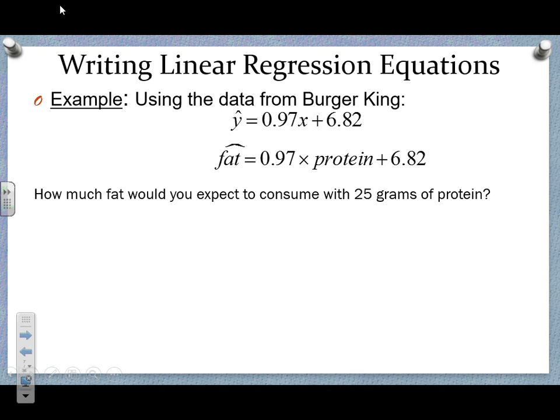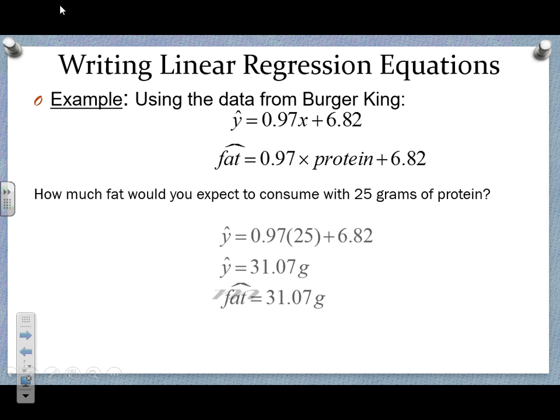So if I want to know how much fat I can expect to consume with 25 grams of protein, what do I need to do? All right, plug the 25 in for protein. Okay, and this is where using the words will make things easier to see which way you want to plug in. If we're talking 25 grams of protein, we plug it in for protein. That way you don't have to keep track of x versus y. Okay?